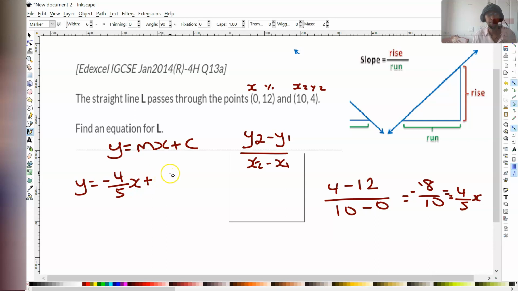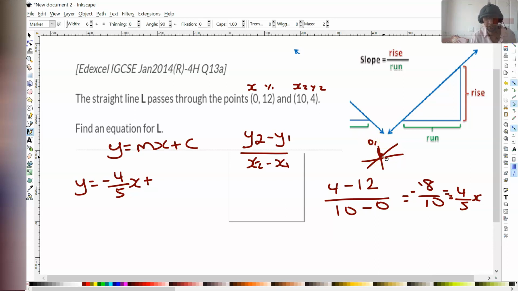Now, if we draw this graph, if you have a straight line, the intercept is always at this point here, where x is 0, and then it'll be something else.